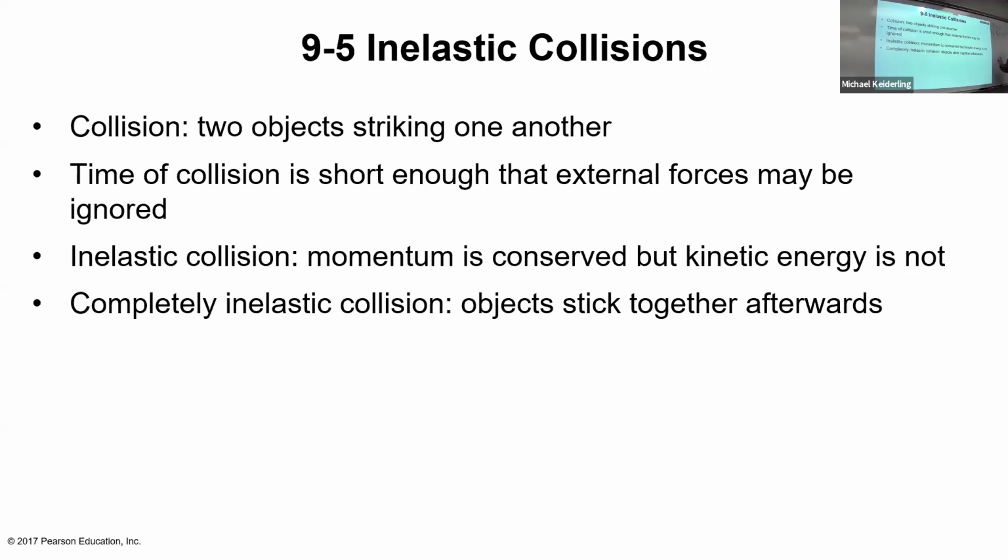So for a completely inelastic collision between two objects, you have mass 1, velocity 1 initial, plus mass 2, velocity 2 initial, equals mass 1 plus mass 2 times final velocity.